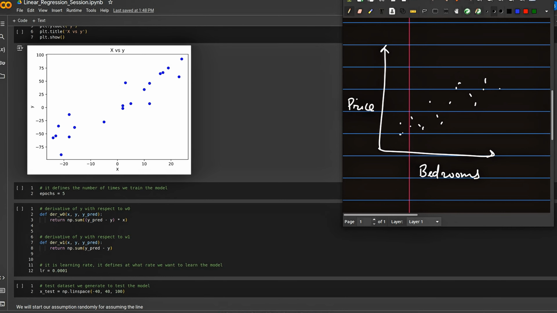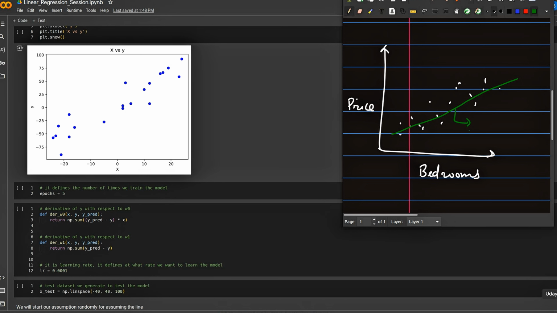I will change the color, let's try green. We want this general trend, how the value varies with the number of bedrooms. You can see that it is a kind of linear line.